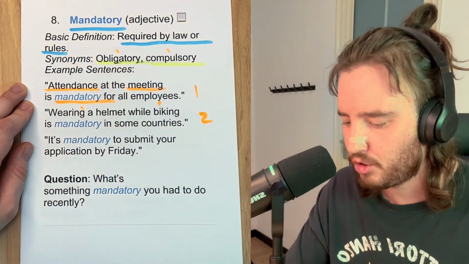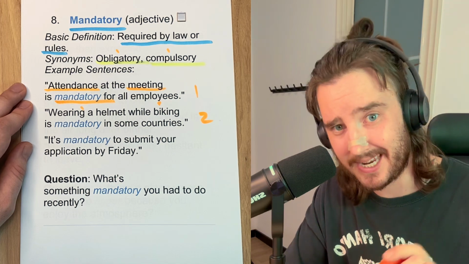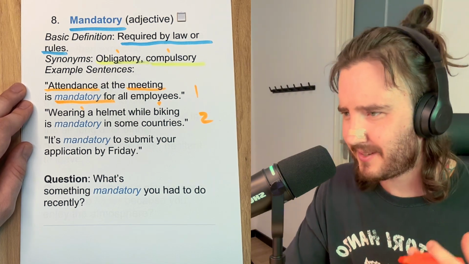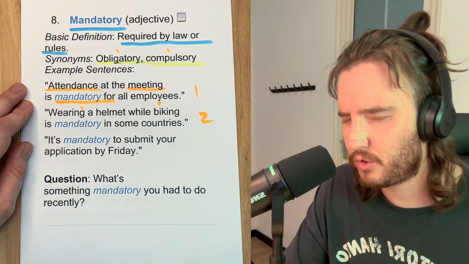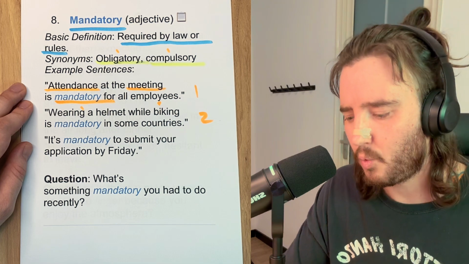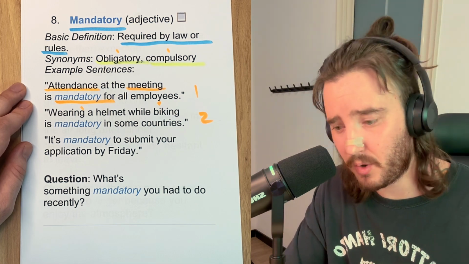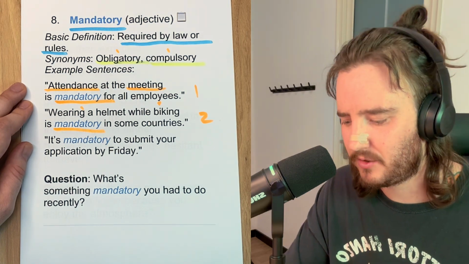That's number one. Two, wearing a helmet while biking is mandatory in some countries, right? That's another way that we could see this word used. Some countries will require that you wear a helmet while riding a bike or a motorcycle. It is mandatory in those countries, okay?